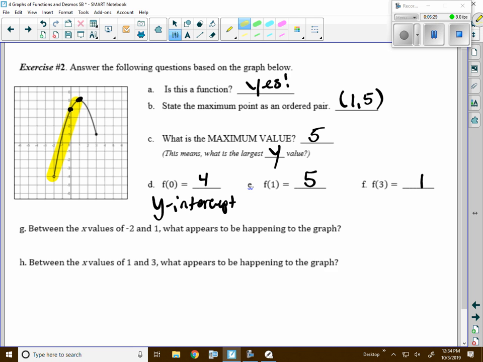Okay, it's increasing from -2 to 1. All right, what about from 1 to 3? Right here, 1 to 3. It's going down, right? It's decreasing.